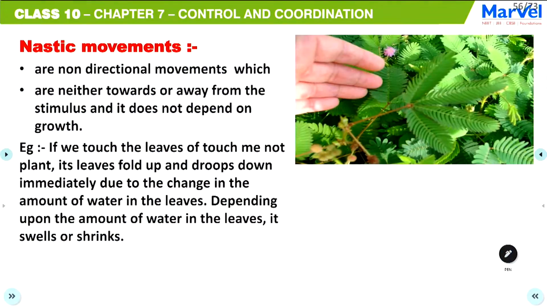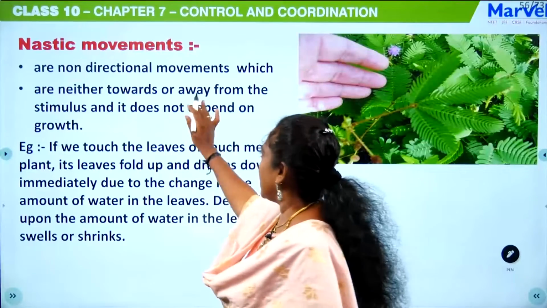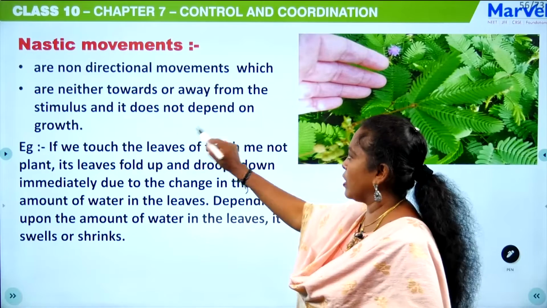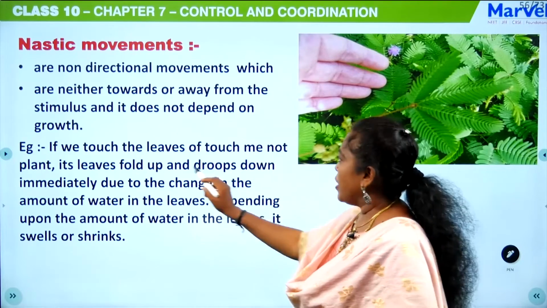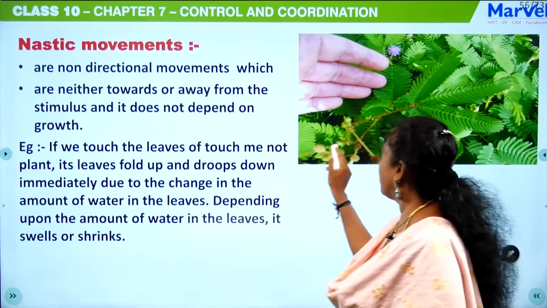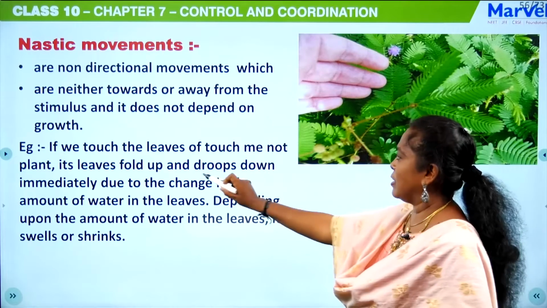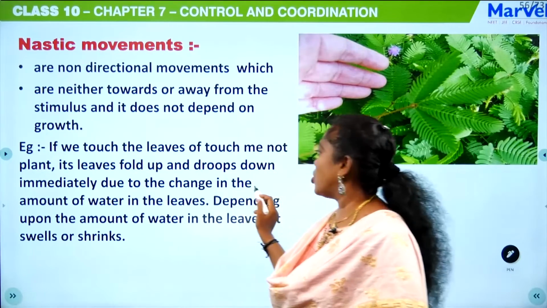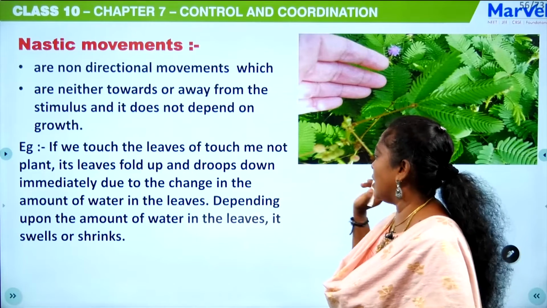Okay. So nastic movements. Nastic movements are the non-directional movements which are neither towards nor away from the stimulus. Here we are not talking about towards the stimulus or away from the stimulus, and it doesn't depend on growth. An example is, if we touch the leaves of a touch-me-not plant, the leaves fold up and droop down immediately due to the change in the amount of water in the leaves.